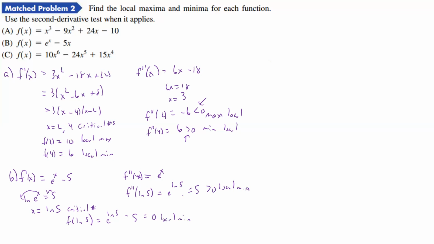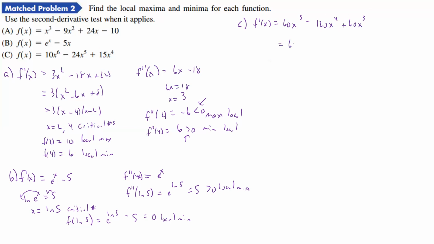All right, so the next one we can do over here. Let's do C here. If we take that derivative, we're going to bring that down. So f prime of x is equal to 60x to the fifth minus 5 times that, 120x to the 4, and then 4 times that, plus 60x cubed.